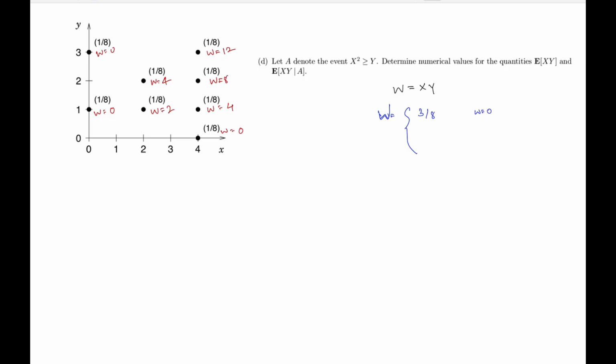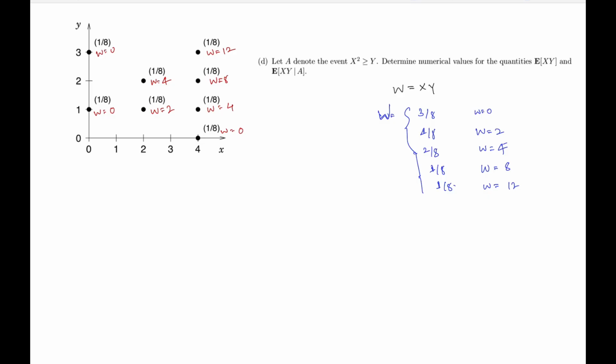Now random variable w can take the value 2 with the probability 1 divided by 8, and the value 4 with the probability 2 divided by 8, and the value 8 with the probability 1 divided by 8, and the value 12 with the probability 1 divided by 8, right?